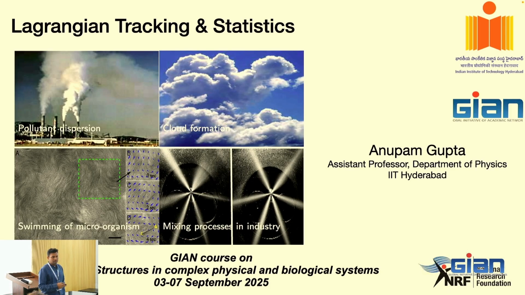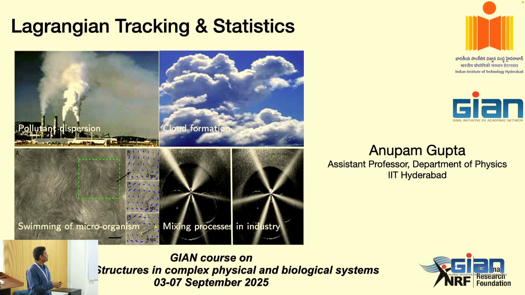But before we go there, let's quickly revisit what we mean by Lagrangian tracking. If you think about pollutant dispersion or cloud formation or swimming of microorganisms or mixing processes in industry, let's focus on pollutant dispersion. What are these? These are aerosols which are moving around in the atmosphere. In the atmosphere in general there will be some degree of turbulence, and these guys are moving around, right?